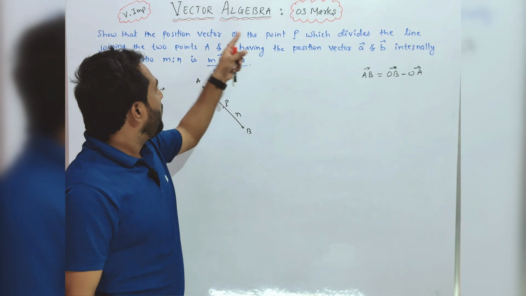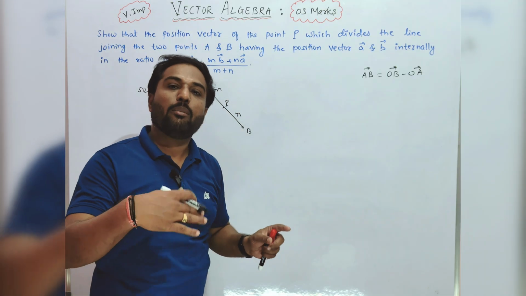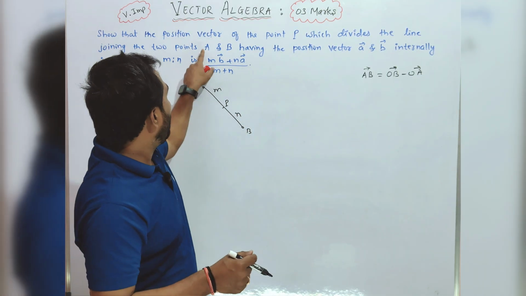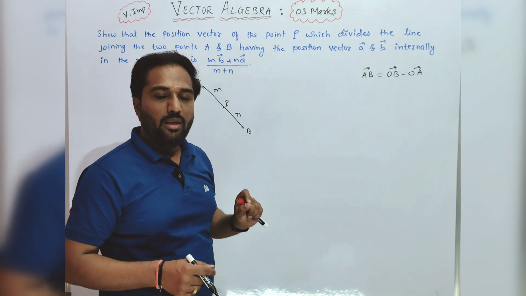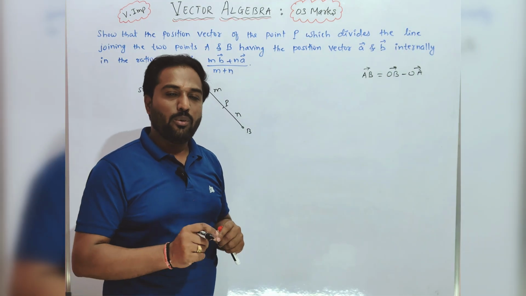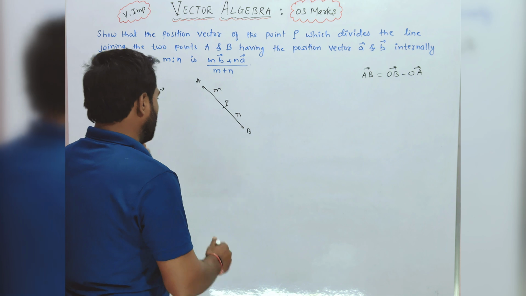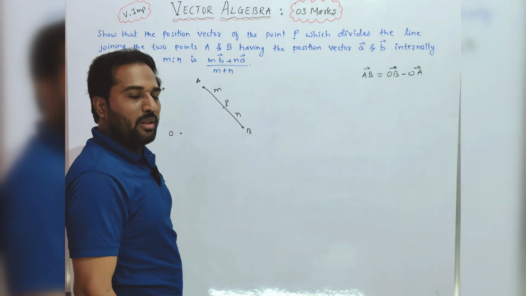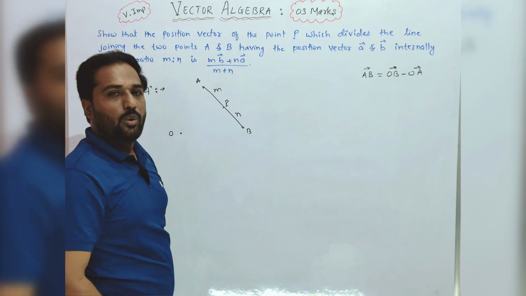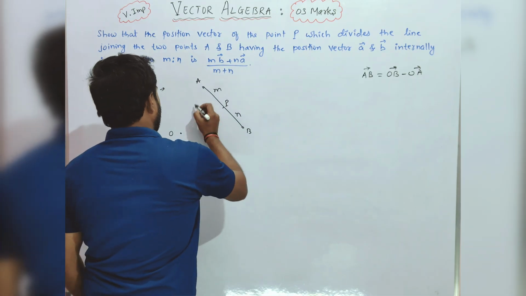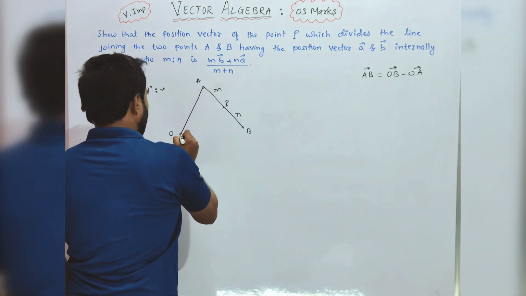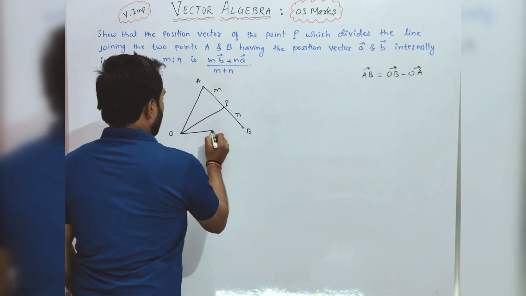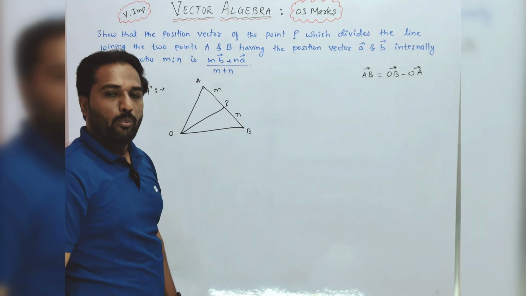Here also it is the same case. This P, A and B are measured with respect to origin because he has mentioned A and B as well as this point P as position vectors. Position vector means we need an origin. I'll consider this as origin O. So we need to join the origin with all the 3 points: OA, OP, OB.